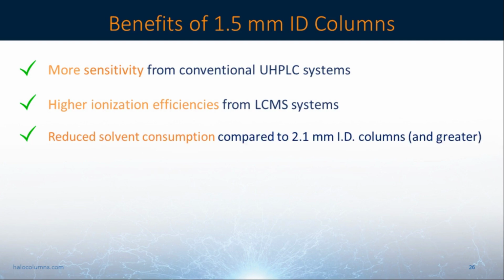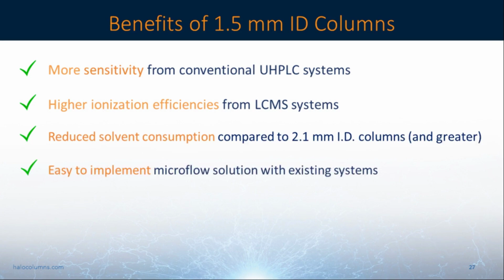And an easy to implement microflow solution with existing systems. So what I mean by that is there's no need to spend the money to buy a specialized capillary system in order to boost your results.